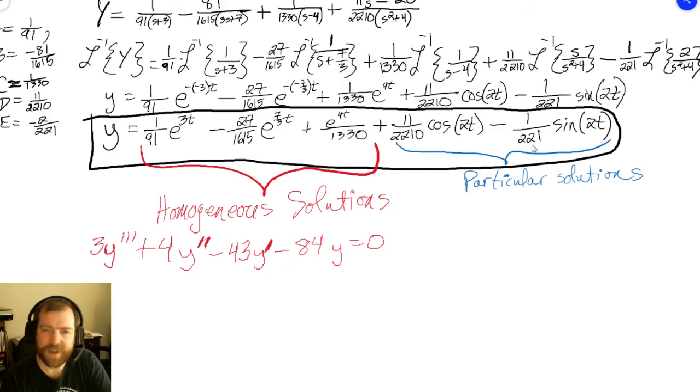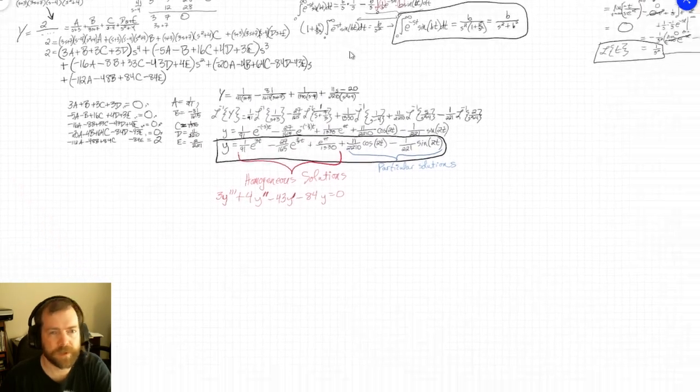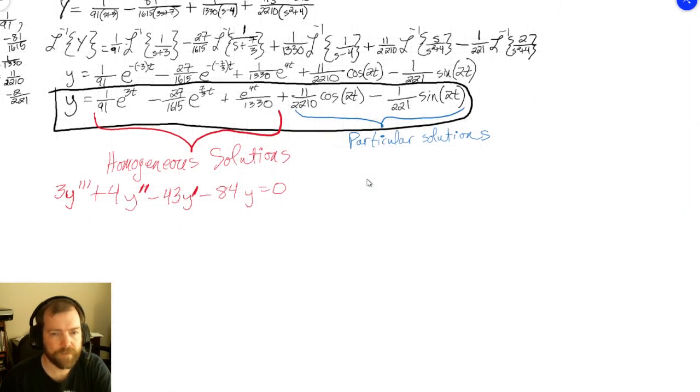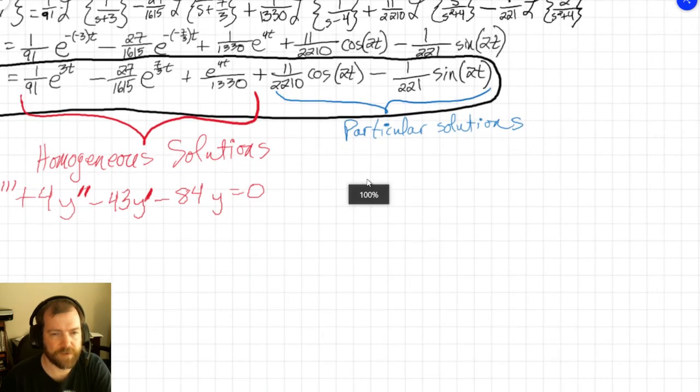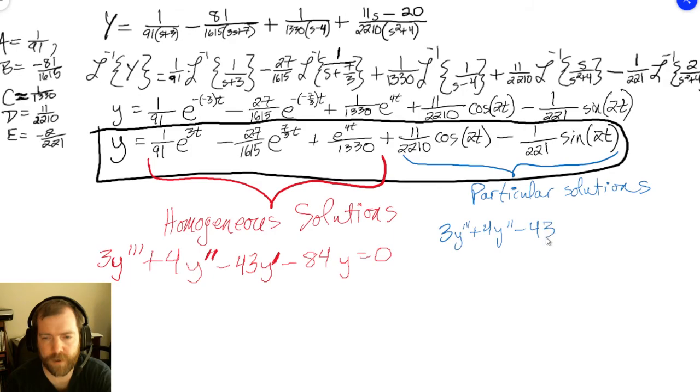You have to plug in both. When you plug in both of them, you end up getting this stuff is all equal to the sine of 2t, because that was what I said originally. Yep, sine of 2t. Gotta be careful. Don't want to get myself in trouble. Done it before. Students get terribly confused. So anyway, 3y triple prime plus 4y double prime minus 43y prime minus 84y is going to be equal to the sine of 2t.